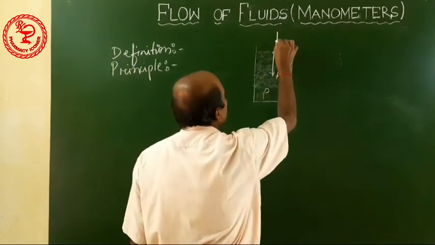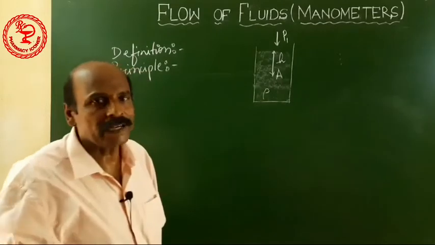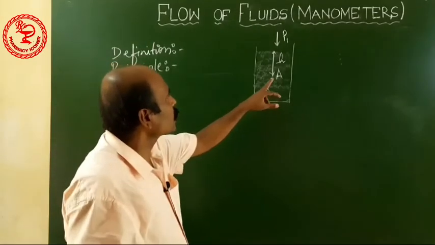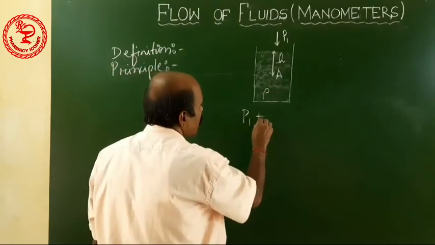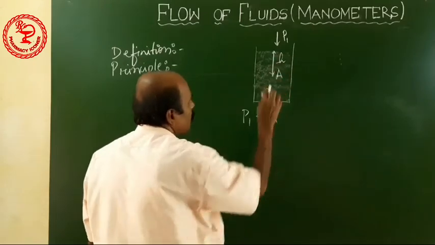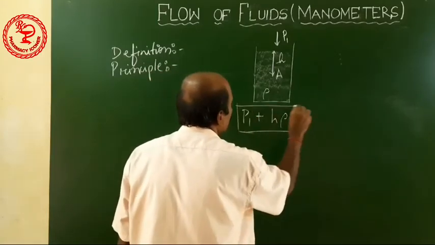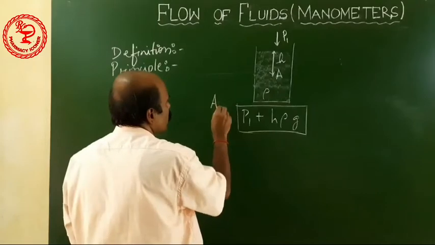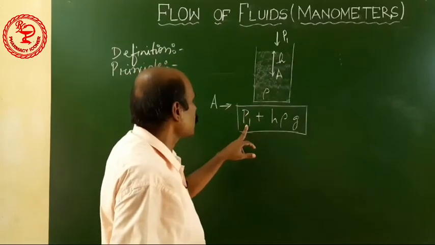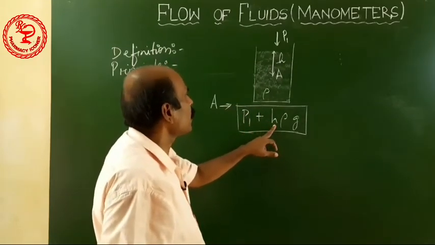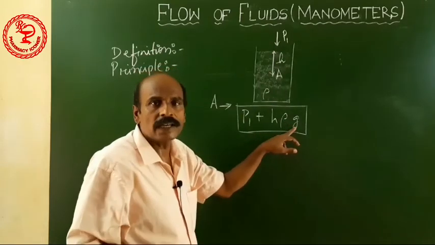If the external pressure P1 Pascal is applied, then the total pressure on point A will be P1 plus H rho g, where P1 is the external pressure applied, H is the height of the column, rho is the density and g is the acceleration due to gravity.